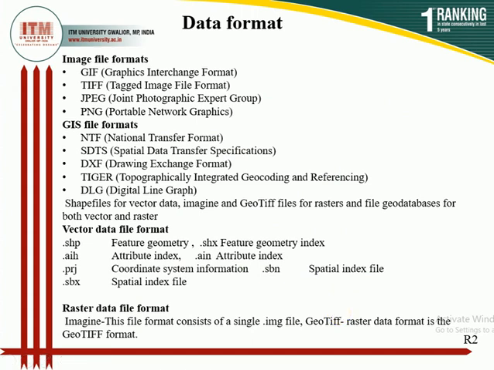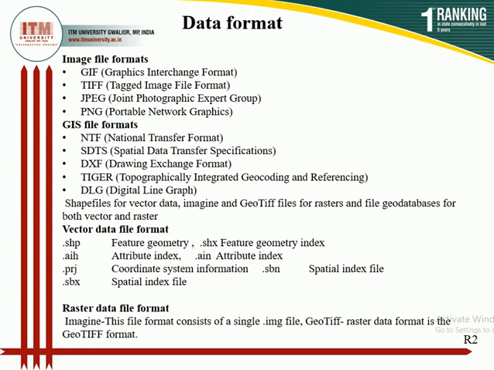The data formats which are used in the GIS software are, at the time of data acquisition or data collection, the information may be in the form of GIF, TIFF, JPEG, or PNG. So all this information is needed at the time of collection of the data. GIF and JPEG types of file format are not used for raster data.